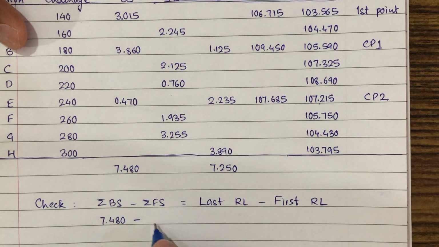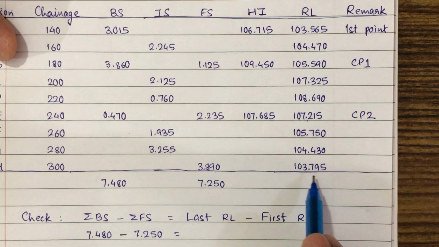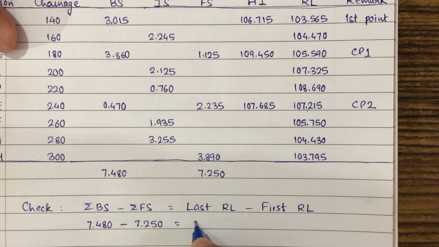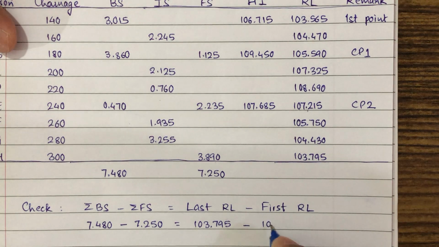Summation foresight is 7.250. Here last RL value is given as 103.795, and first RL value is given as 103.565.